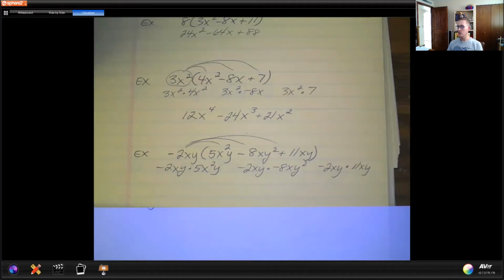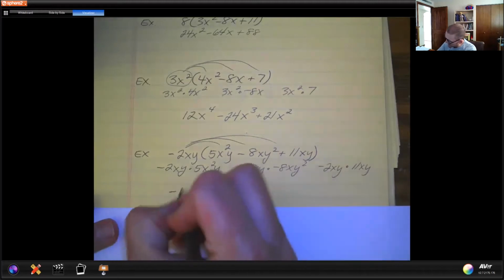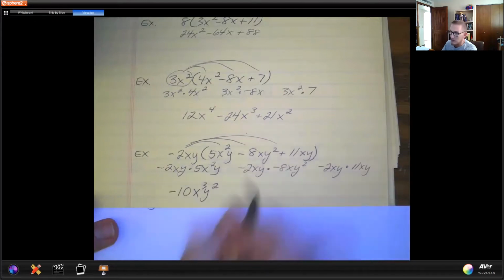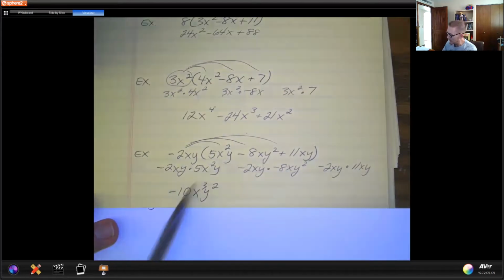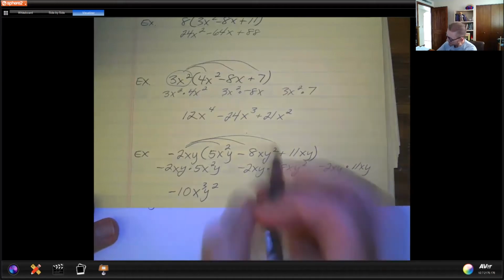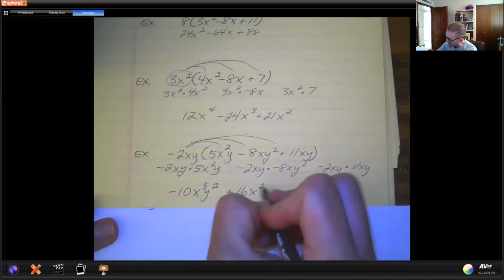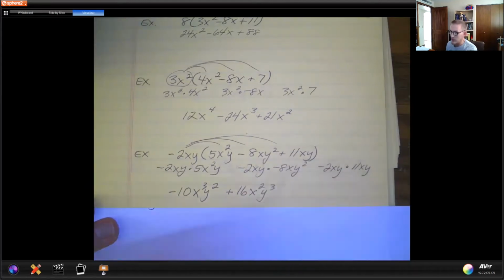All right, let's take a look at what you got here. This first one is going to be negative 10 x to the third y to the second. So the negative 2 and the 5 makes negative 10. X and x squared makes x to the third. Y and y makes y squared. Okay. The second one, a negative times a negative, is going to be positive 16. And that's going to be x squared y to the third. So now the exponent is larger on the y because of the y squared in this term.